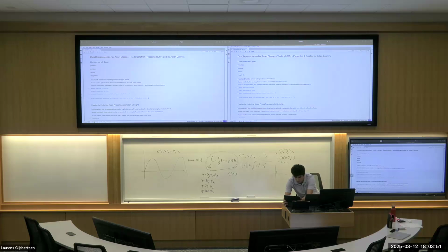Is it Jupyter Notebook or Jupyter Lab? Go to Jupyter Lab and then you can import it from there. And then look at the screen when you're done, so I know that you guys are ready.